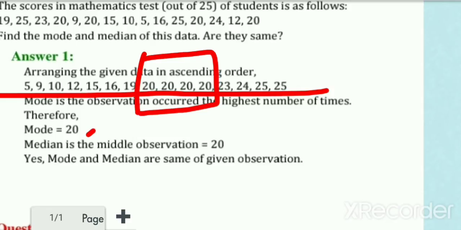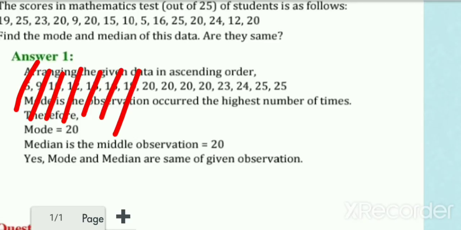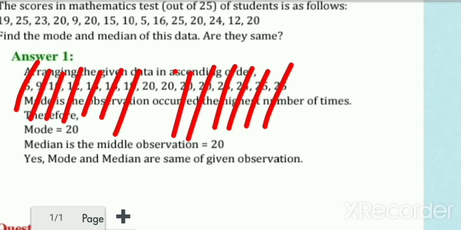So 20 is our mode. Now the median. We count which number comes between: 1, 2, 3, 4, 5, 6, 7 from the left, and from the right 1, 2, 3, 4, 5, 6, 7. So 20 is also our median. Clear?